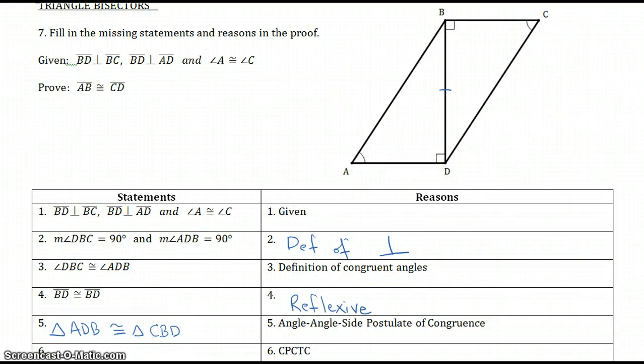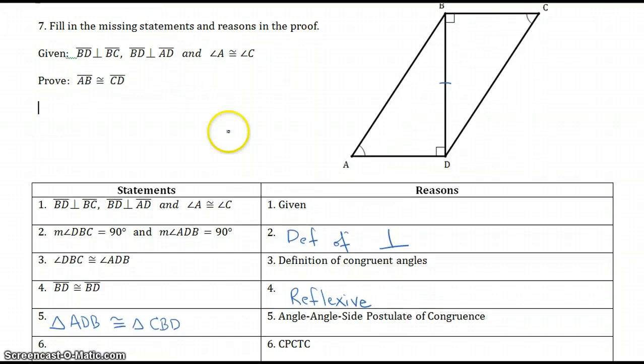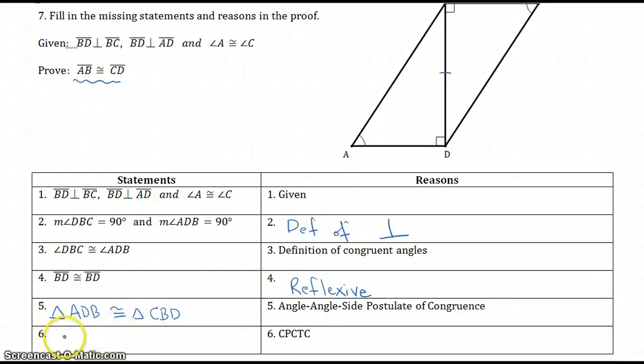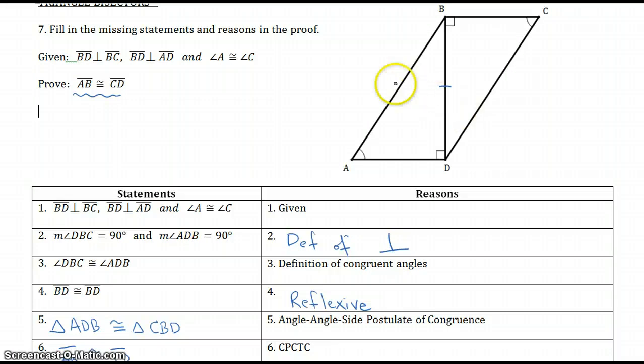And then what's our final statement? Well, the final statement has always got to be the thing you want to prove. So we want to prove that segment AB is congruent to segment CD. And the reason we know that is because corresponding parts of congruent triangles are congruent.